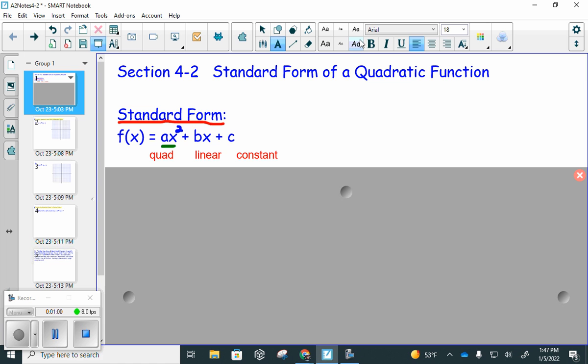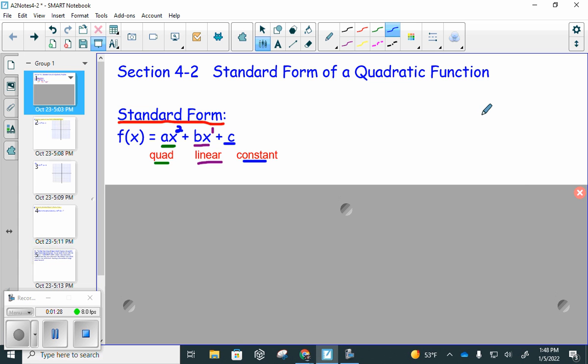So ax squared is quadratic. The bx is linear because it's x to the first power. And then the last one's the number by itself, and that's called a constant. So all the problems that we work in this section will look similar to this form.